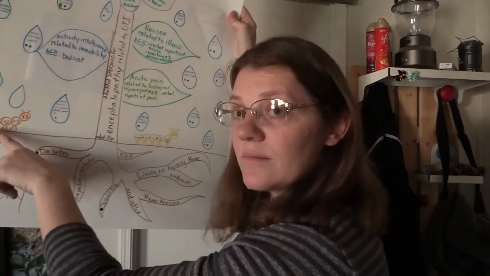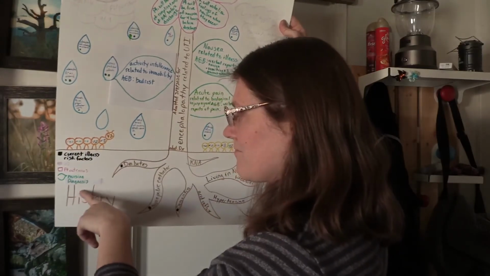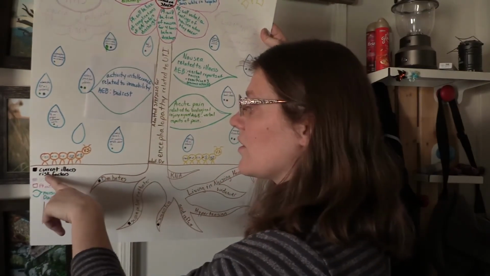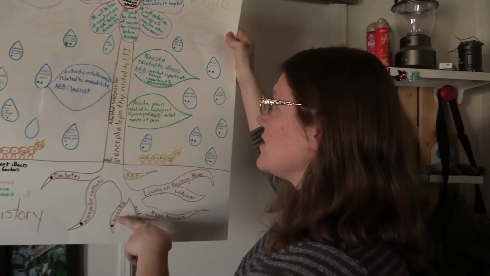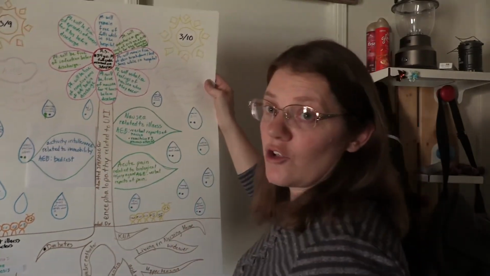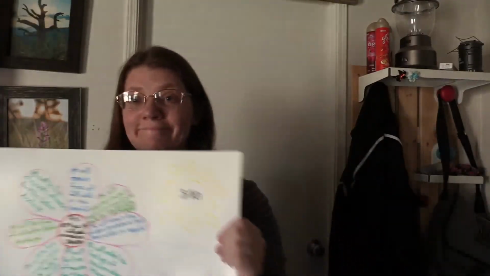I've got my key down here. Also, current illness risk factors were diabetes, suprapubic catheter, dementia, and being 84 years old. Okay, so there you go.